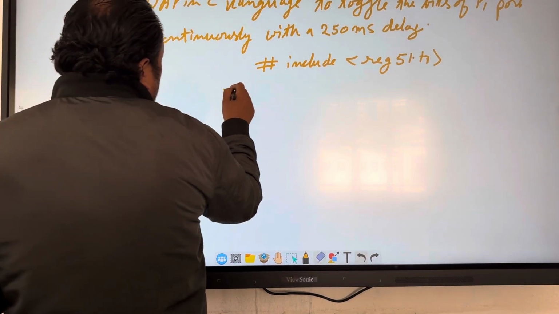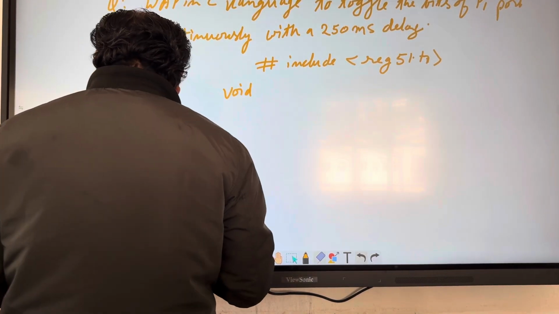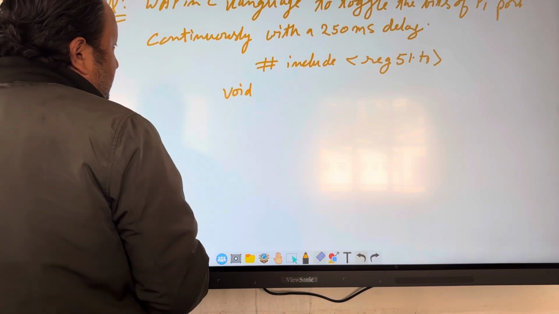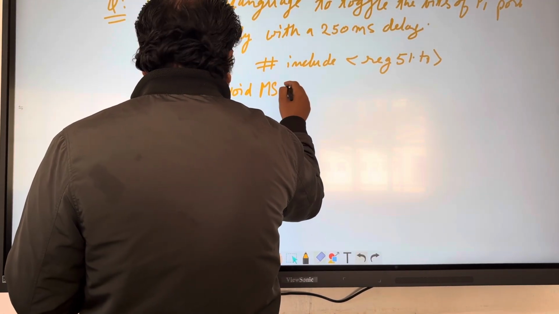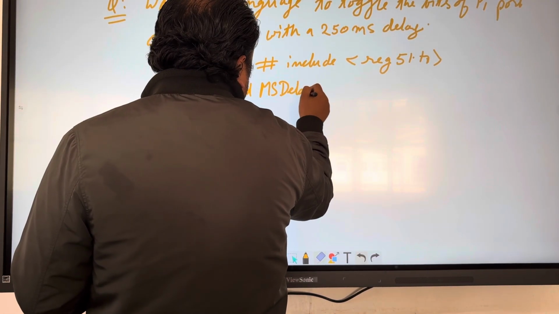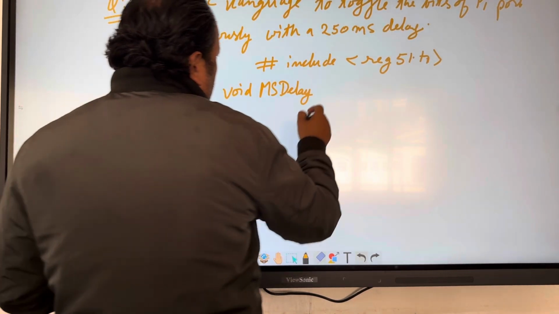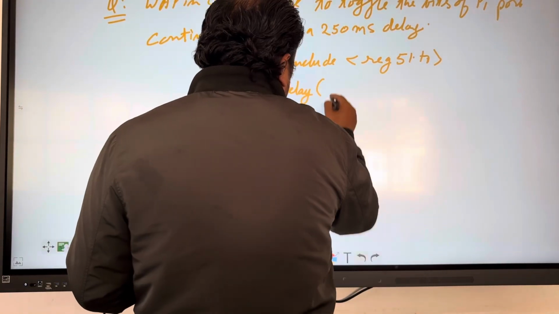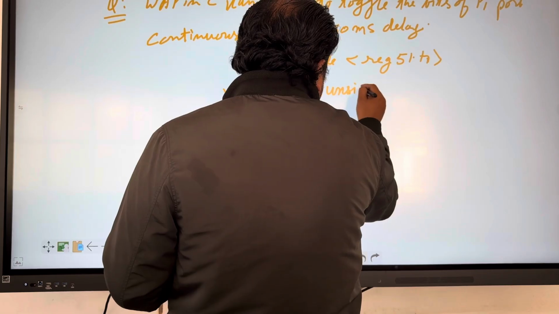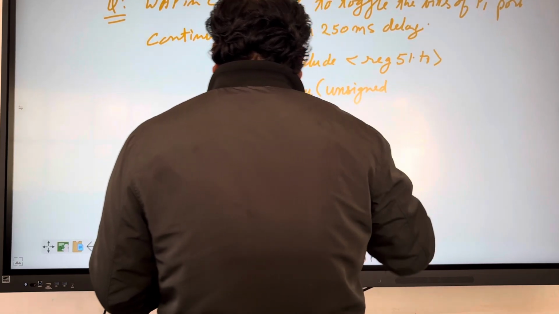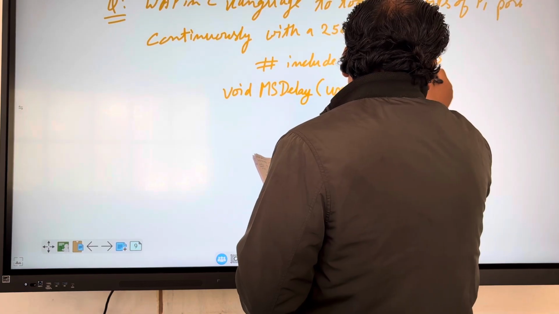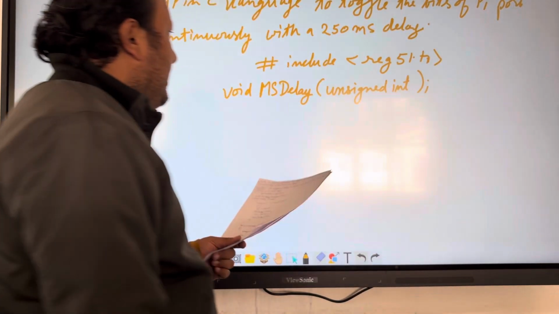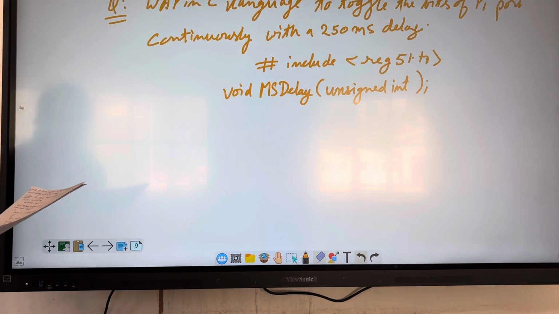So you define this global function where you will put this time delay, so that will be void ms delay, the function, and inside it will have a parameter, so you are defining it as unsigned int, the parameter inside.